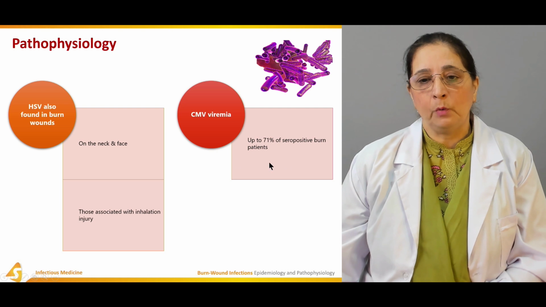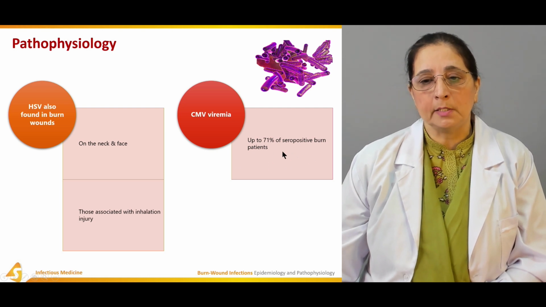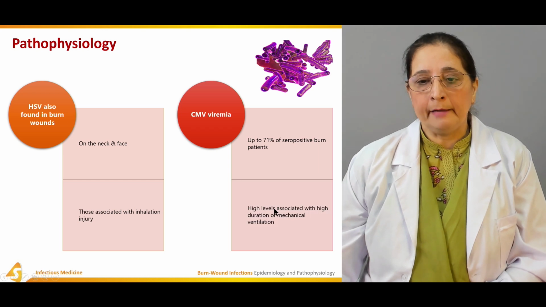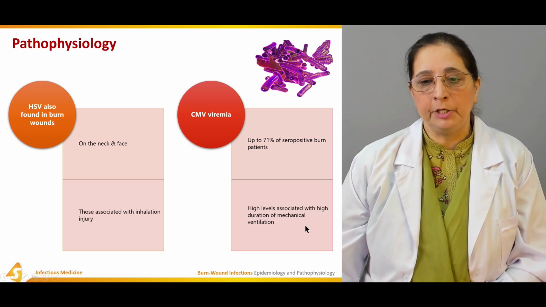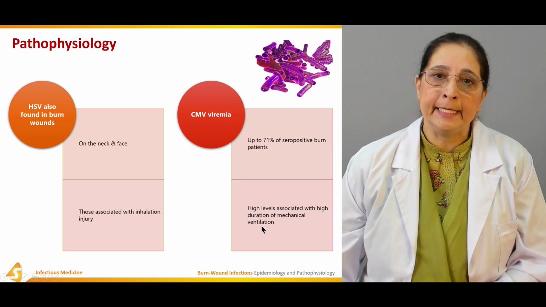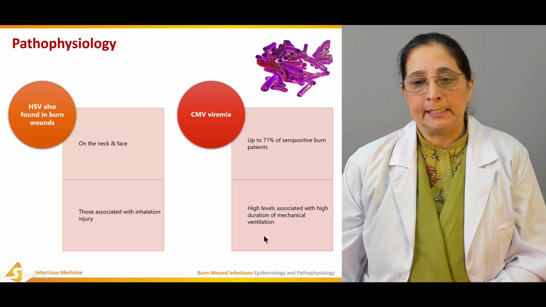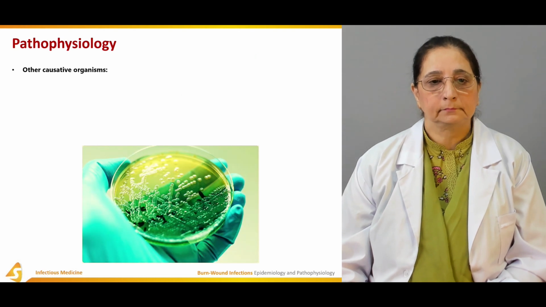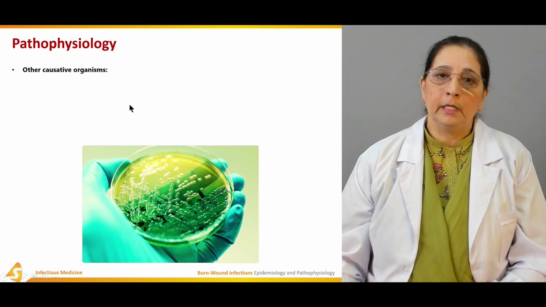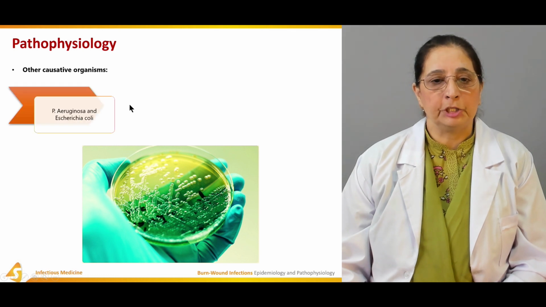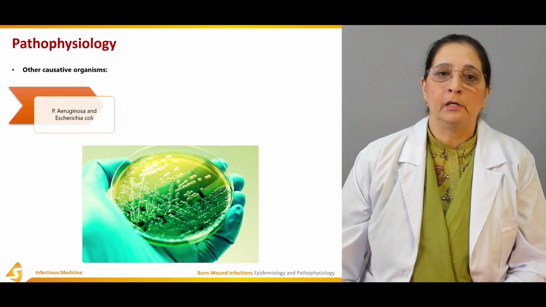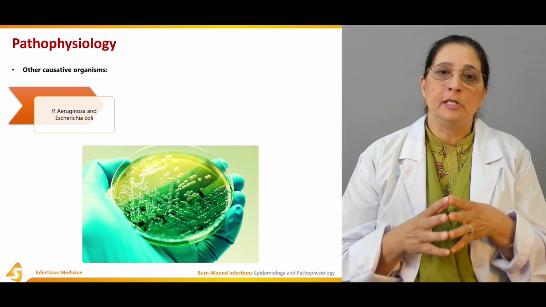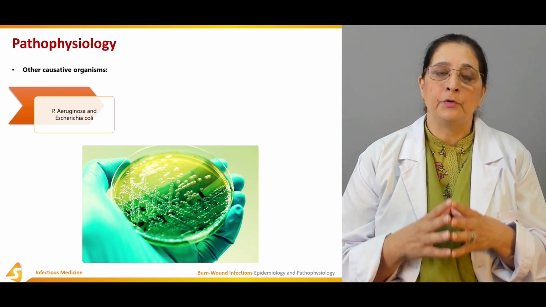Up to 71% of seropositive burn patients, with high levels associated with a high duration of mechanical ventilation. Other causative organisms that can cause infection include Pseudomonas aeruginosa, and I already mentioned infection as a result of Pseudomonas aeruginosa.